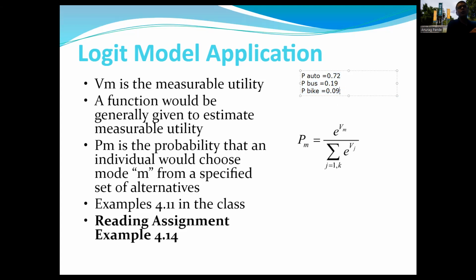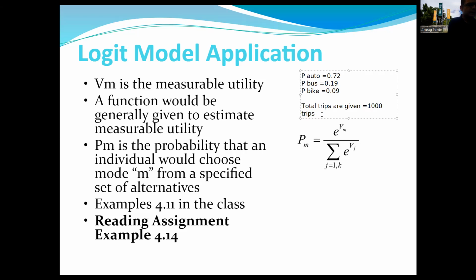Now, what you can also do with these probabilities: the probability of taking the car is 0.72, so there's a 72% chance that you'll take the auto. If you're given a total number of trips, let's say 1,000, you can convert the 1,000 trips into different modes.